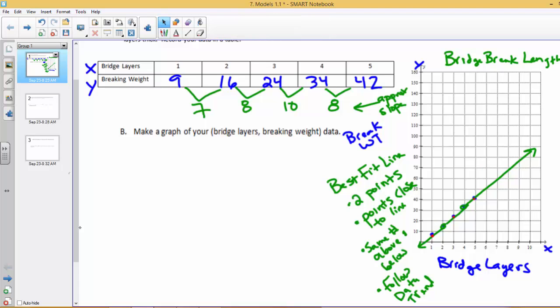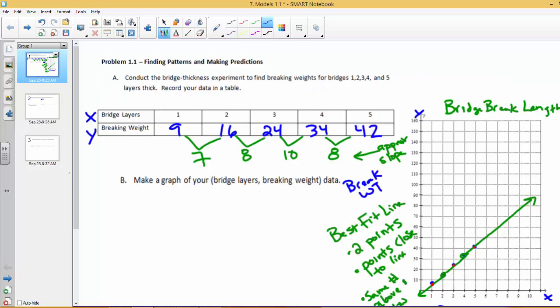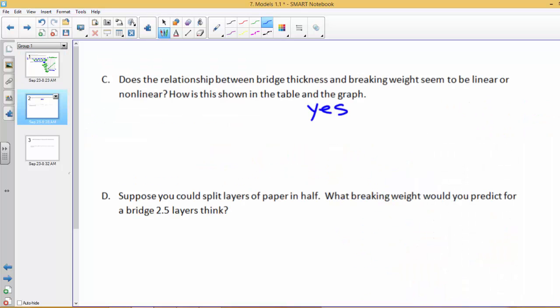So the next question asks, does the relationship seem to be linear? Hopefully yours seems to be linear too. And if you look at the differences and kind of average these, you're probably going to get something pretty close to 8, like a difference of 8. So think about what your common difference is.